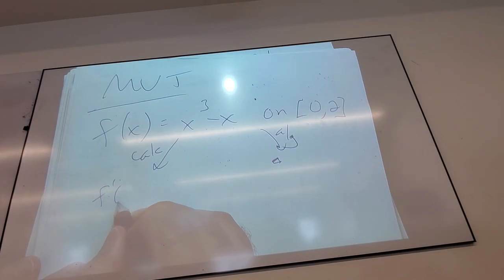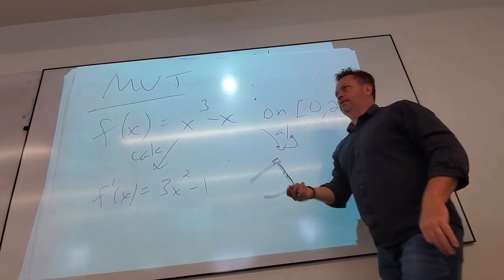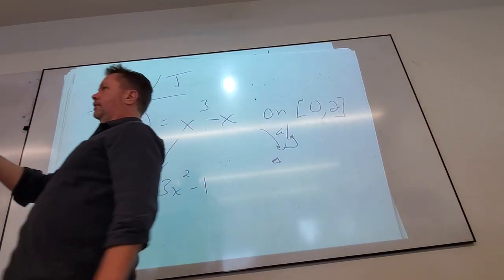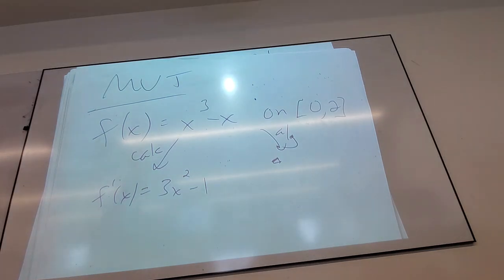So what's the derivative? 3x squared minus 1. And to do the algebra way, I need 2 points. Can you guys see how to get the 2 points? What does 0, 2 up there mean? That's what x is doing.